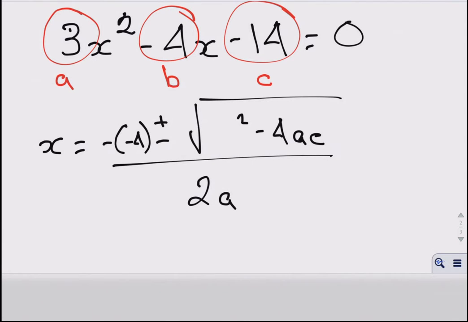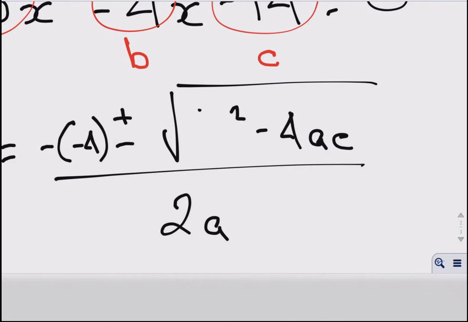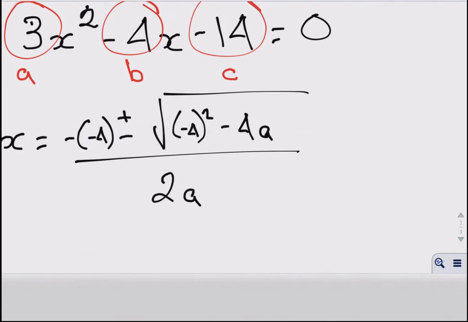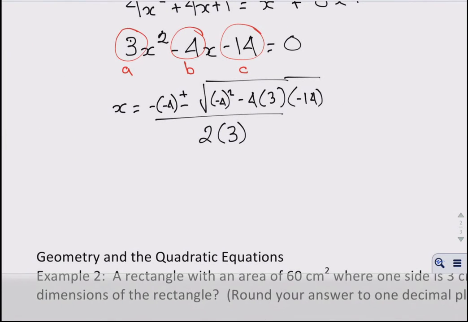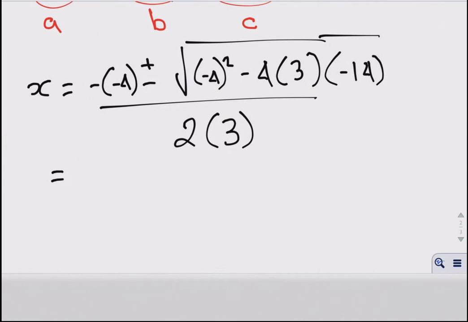This b here, same thing, I replace it with negative 4. The a and the c values get replaced with 3 and negative 14, so 4 times 3 times negative 14. And the 2a, I get 2 times 3. And it looks like we're good to go.